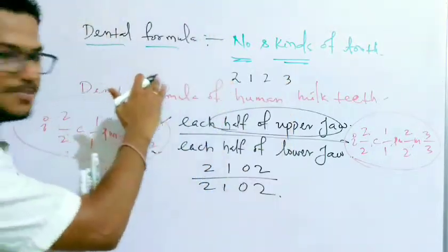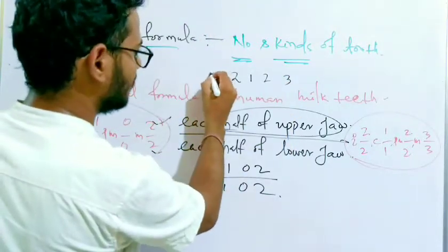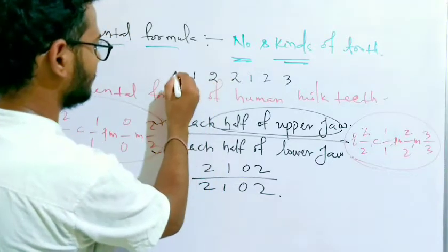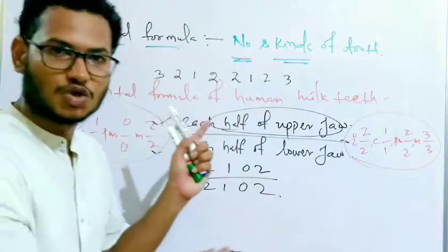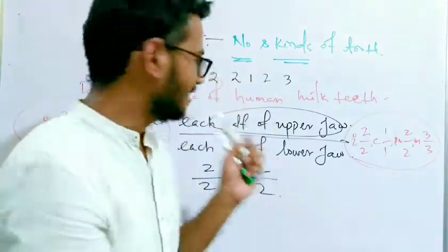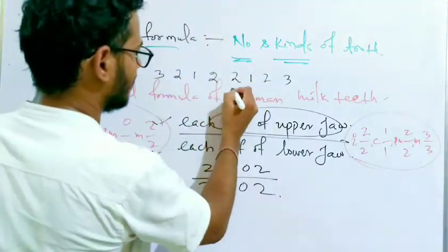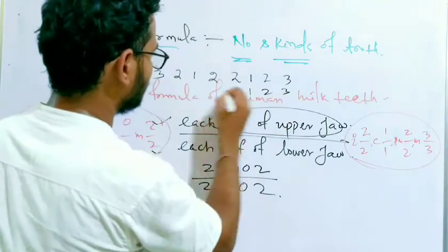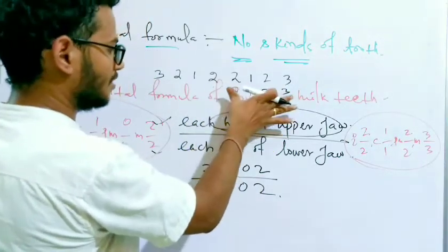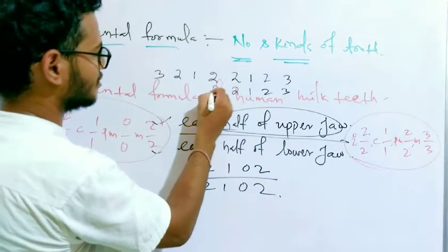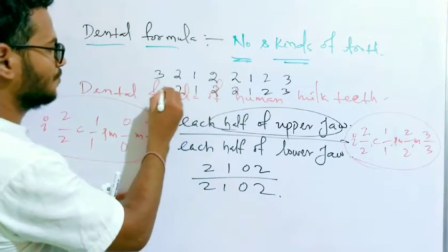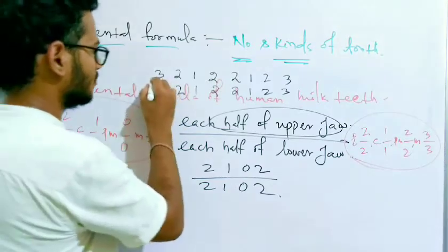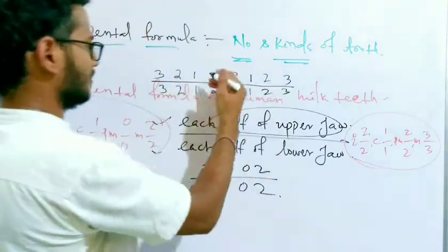Likewise, in the other half of the upper jaw, we have again 2 incisors, 1 canine, 2 premolars and 3 molars. So this is the complete set of teeth present in the upper jaw. Likewise, in the lower jaw, we also have 2, 1, 2, 3. Each half of the lower jaw also has 2 incisors, 1 canine, 2 premolars and 3 molars. So this is the division.